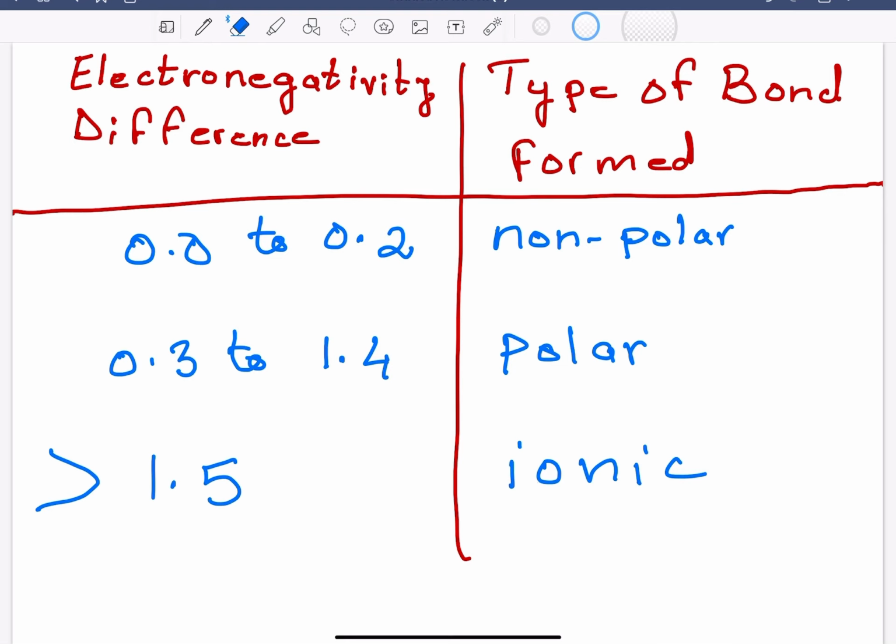If the electronegativity difference is from 0.3 to 1.4, then the type of bond formed will be a polar covalent bond. And if the electronegativity difference is more than 1.5, then the type of bond formed will be an ionic bond.